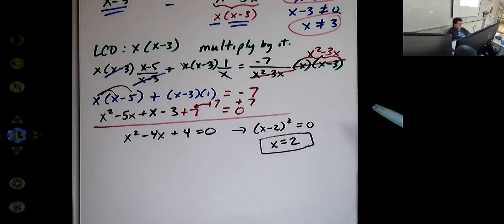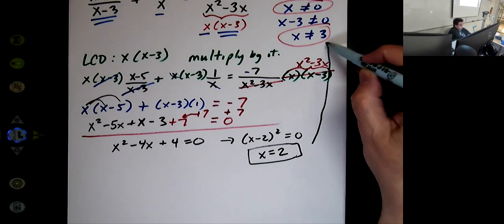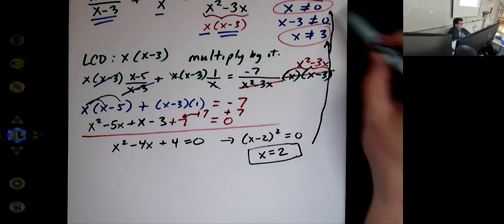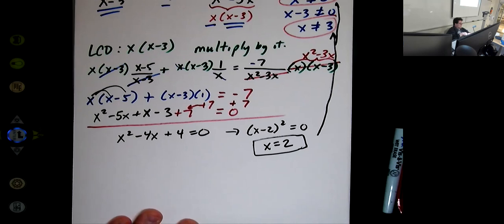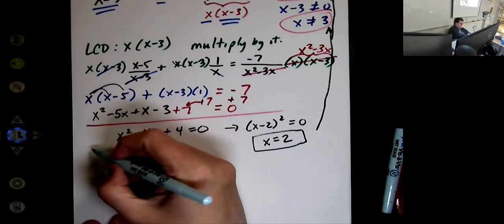Okay, I'm going to go and check it. Does it equal 3 or 0? No, it's good to go. We got one more thing we can do. We can check our solution in the original equation.